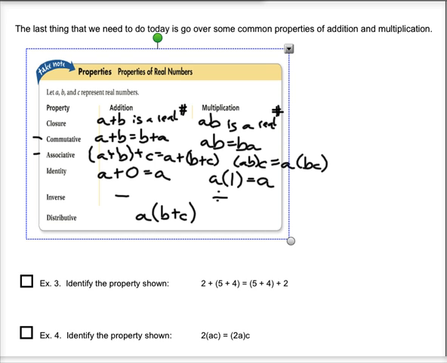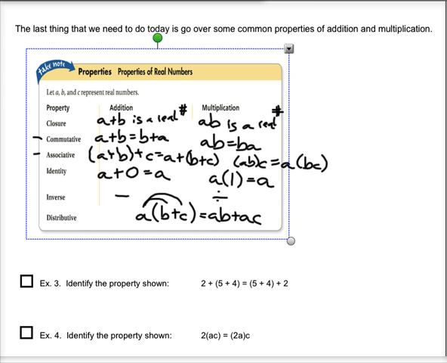And what the distributive property says, that's the same thing as multiplying that A through. So A times B plus A times C. Which again, I know you guys have seen this for years, okay? You are probably rock stars at it, but it never hurts to have a little refresher.